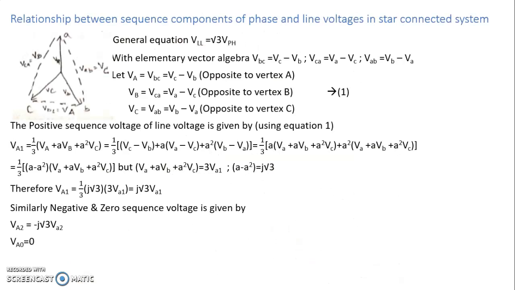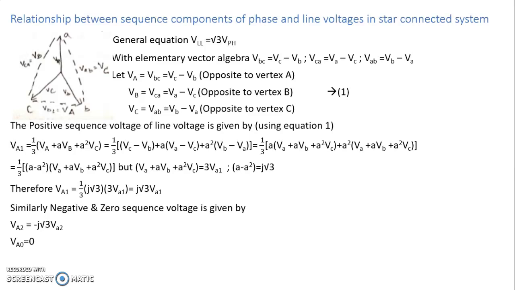So the next important topic is that until now I have discussed how to convert phase voltages into symmetrical components and symmetrical components into phase voltages. After conversion, as the system is three-phase, either the system will be connected in star connection or delta connection.